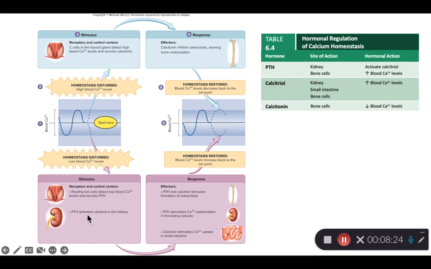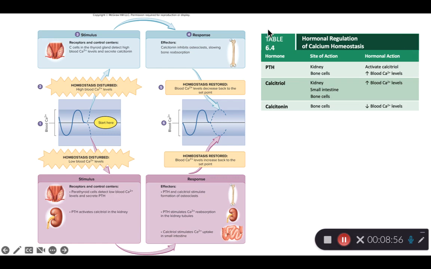So we produce calcitriol, aka vitamin D. It's going to help us absorb calcium. So there's our little small intestines. We're going to reabsorb calcium, meaning we're going to keep calcium in the body. So we tell the kidneys. And then we're going to stimulate the osteoclasts to release calcium into your bloodstream. All right. So that's calcitonin and parathyroid working together to maintain calcium levels.